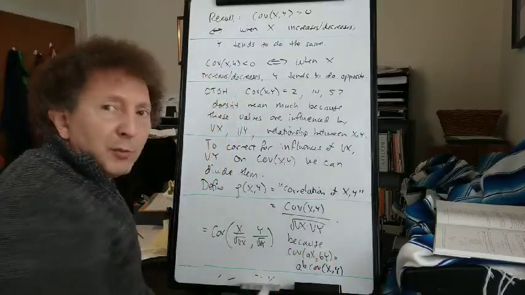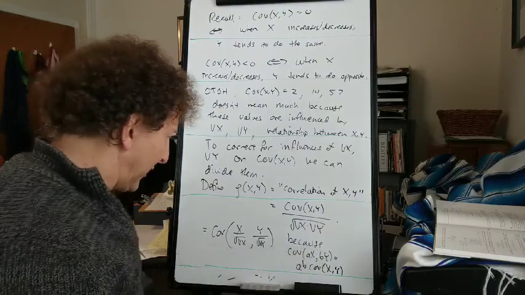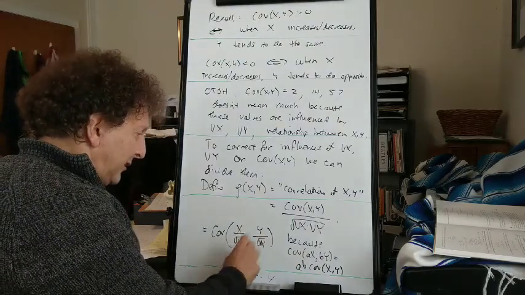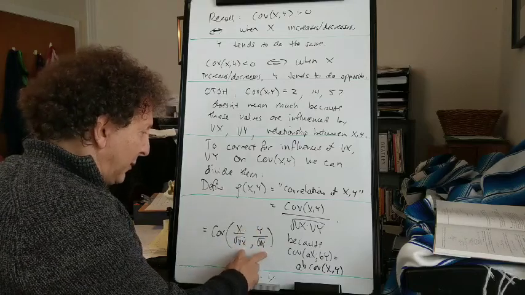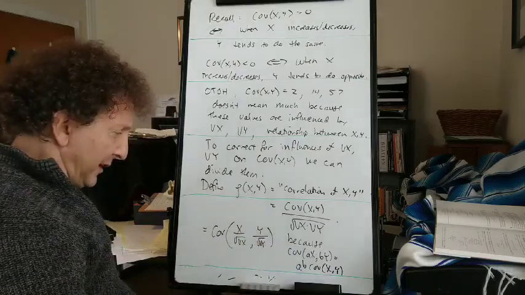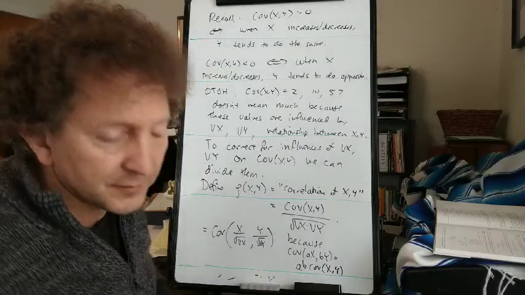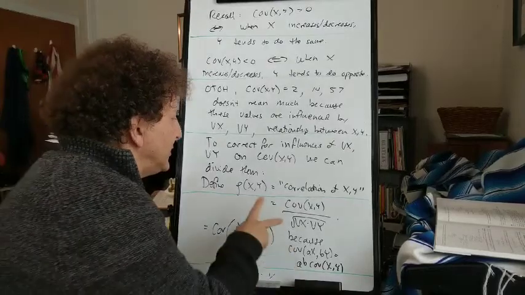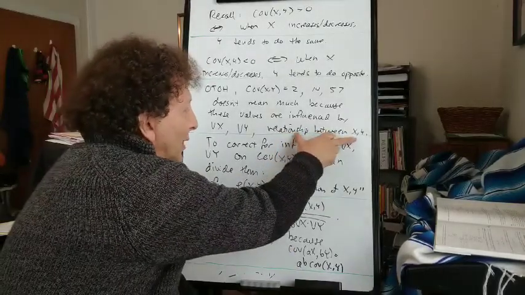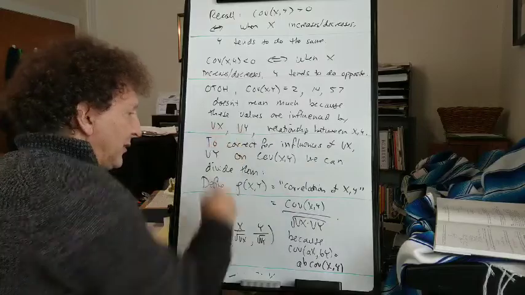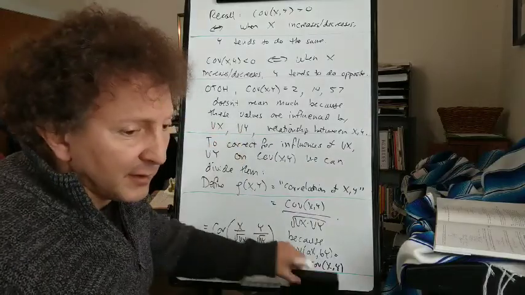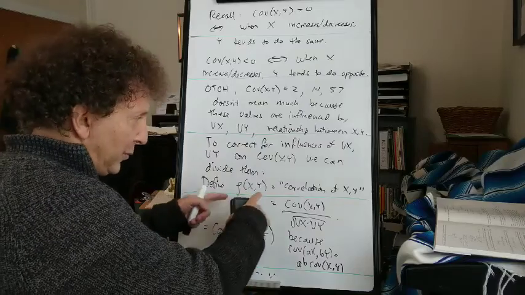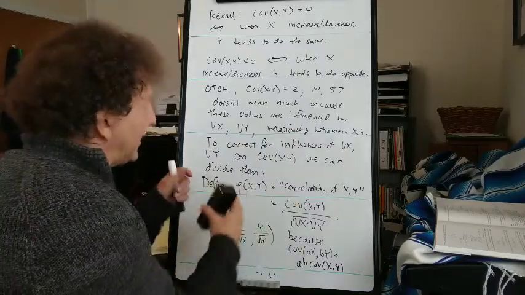So whenever these random variables are multiplied by a constant, we can just pull out the constant. So if these are multiplied by 1 over root variance x and 1 over root variance y, then we can pull those out, and that's how they get on the bottom of the fraction here. So now we've got a measurement of just the relationship between x and y that's not influenced by the variance of x and variance of y, because we're dividing by that. So now we can say a little more precisely what the correlation of x and y is and how we're going to picture it.